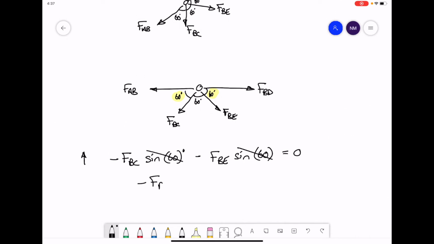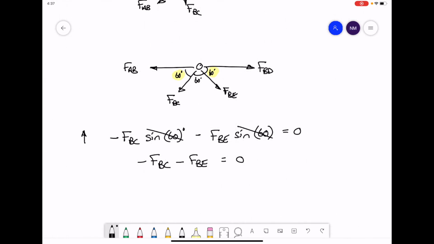Minus force BC minus force BE equals 0. Force BC we already know, which was a value of 4.